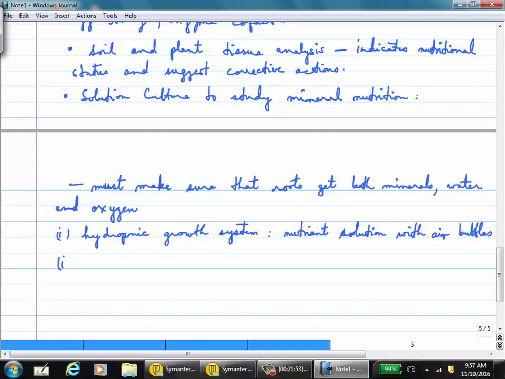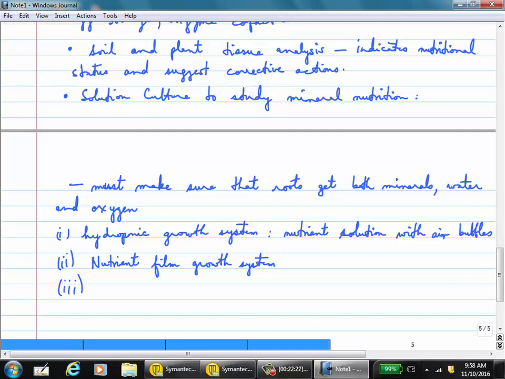Number two, you could have a situation where there is a thin film of nutrients to facilitate the growth. So nutrient film growth system. Then another possibility would be to use an aeroponic growth system where the roots are actually suspended in air, but you're going to periodically spray them with the nutrient solution.